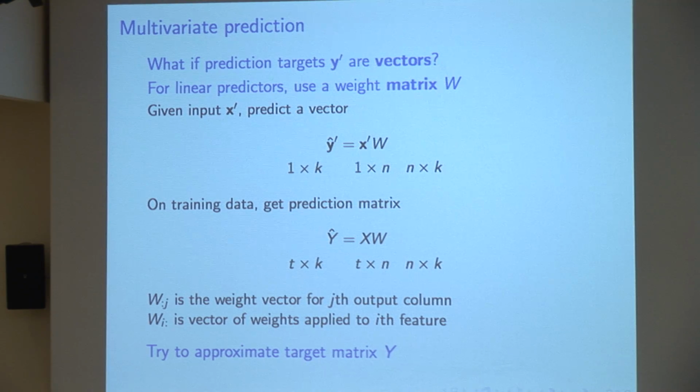I have this bad convention of row vectors for our inputs and outputs. If we stack them all in a training matrix, we'll get some training matrix X, T by N. We multiply by the matrix W, we'll get the training responses, the output matrix on all the training data, T by K, and we'll be trying to approximate some target output matrix Y, which is also T by K. Pretty straightforward.